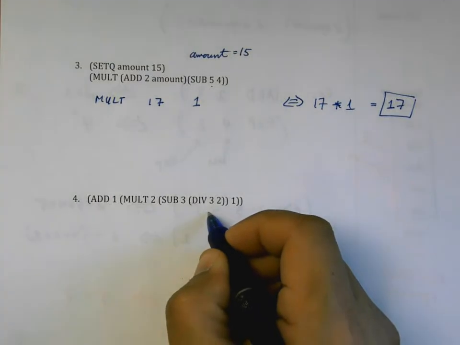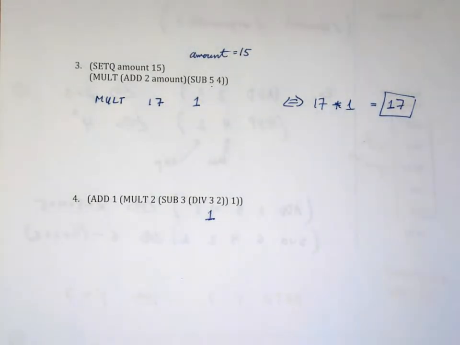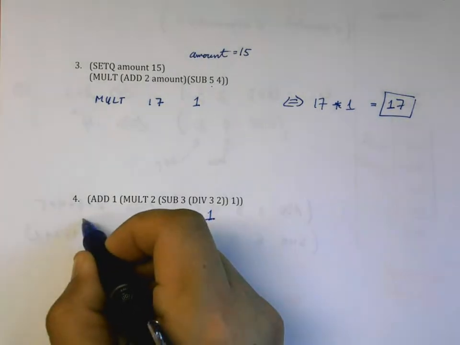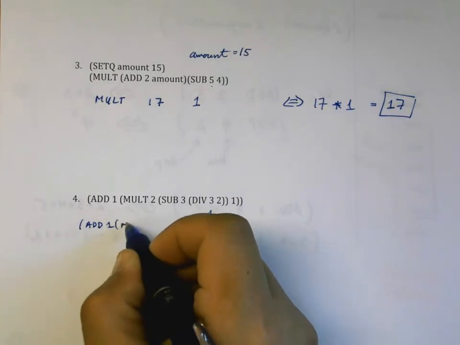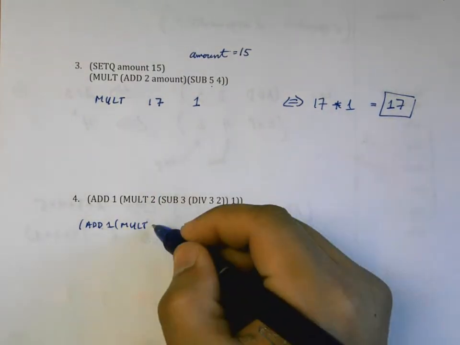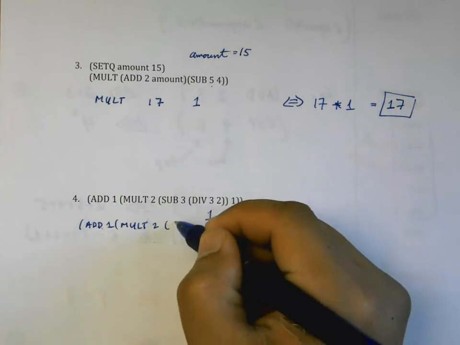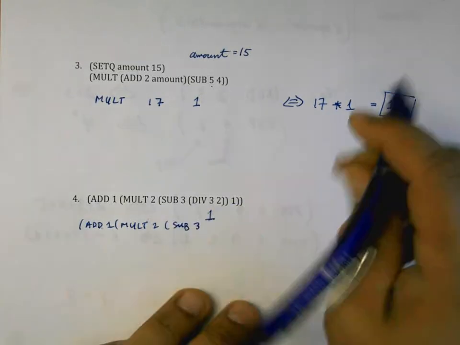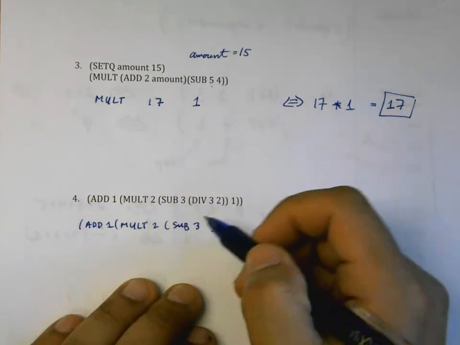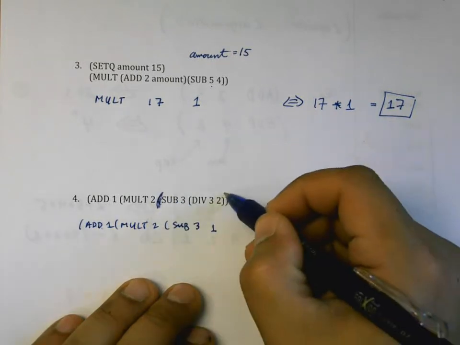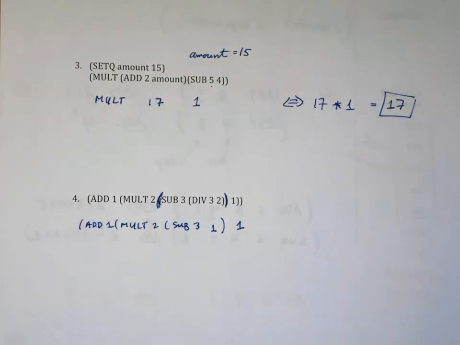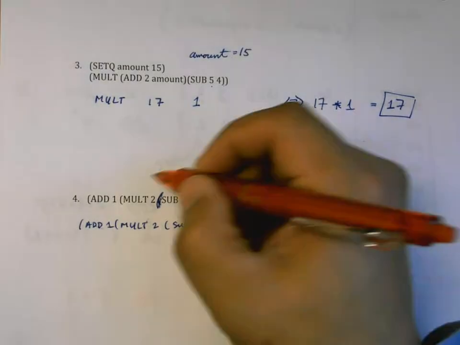This is add 1 mult 2 sub 3, there's 1 down here, and this parenthesis matches up with this one, and then there's a 1. This parenthesis matches with this one, and we have the remaining part out here.